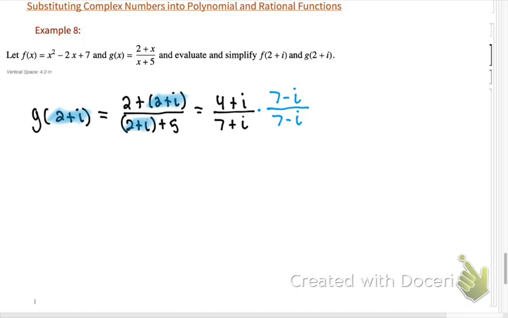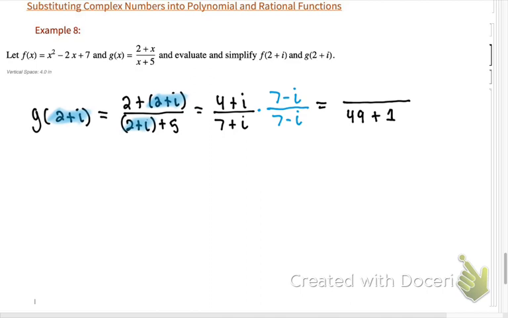Now the shortcut in the bottom is going to be just doing 7 times 7 is 49. The imaginary part of 7 plus i is 1, so we're also going to add 1 squared, which is also 1. So that's my shortcut. If you forget how to do that, you can always FOIL.